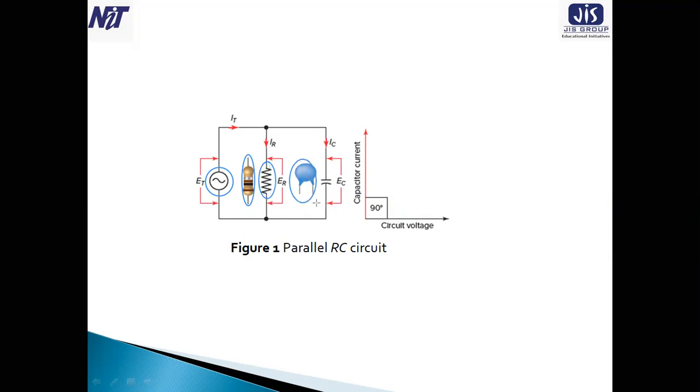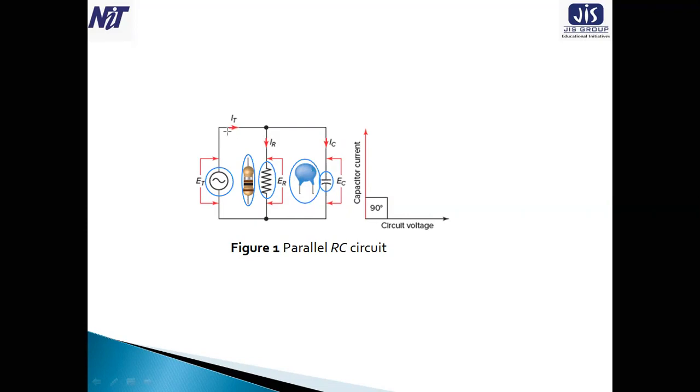Now this is the capacitor and its symbol. EC is the voltage drop across the capacitor. ER is the voltage drop across the resistor. The main current flowing from the source is the IT current.